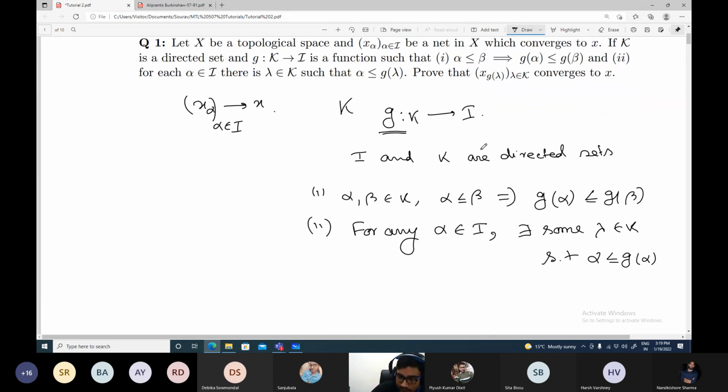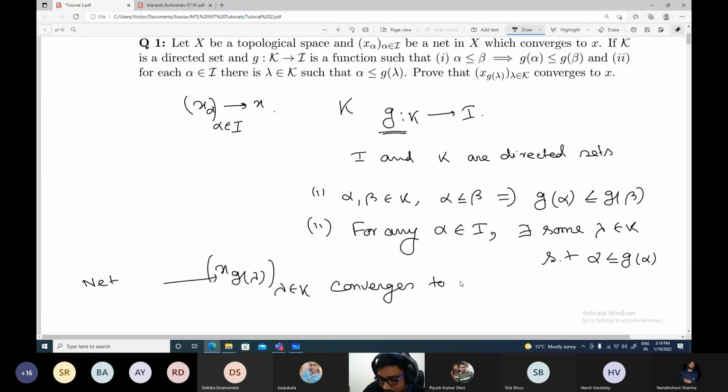Now you have to prove that the net x of G lambda, where lambda belongs to K, this is not a sequence, it's a net, converges to X. So this is the problem.